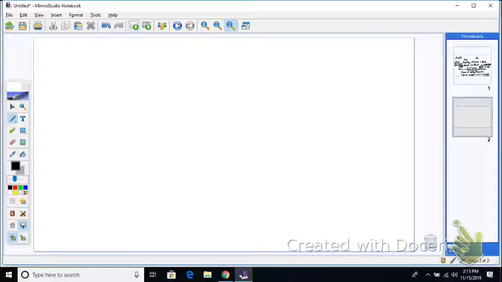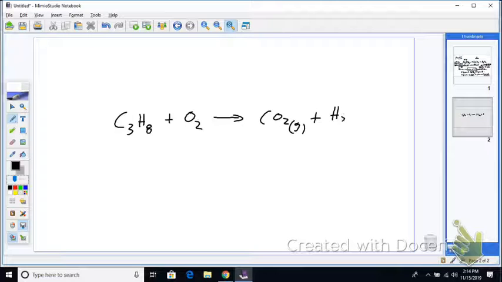So I'm going to go C3H8 plus O2. This is propane burning. And you're going to make CO2 gas plus H2O.